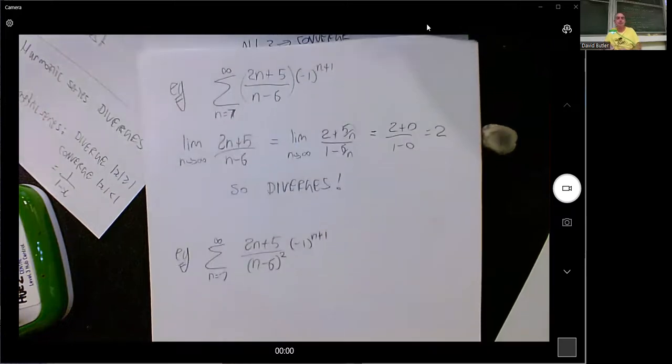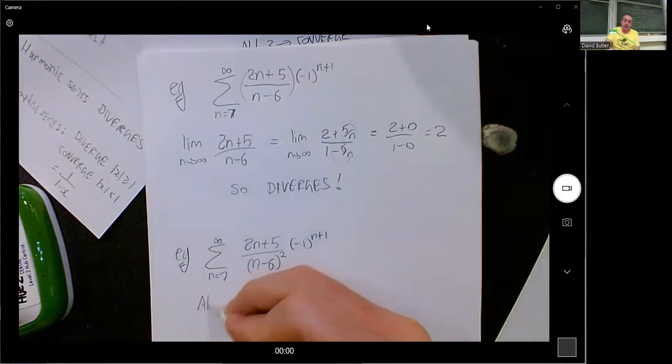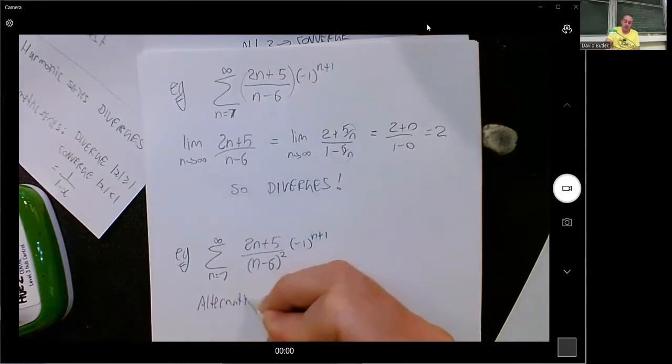Let's do this one. Slightly different. Instead of having an n minus 6 on the bottom, we've got an (n minus 6) squared. So it is an alternating series. 1, it's alternating. 2, I need to do the limit of this thing.